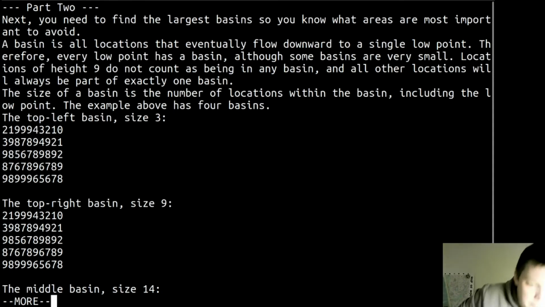Okay, the top right basin of size 9 is all the points that flow to the 0. So we've got 4, 3, 2, 1, 0. Okay, yeah. The 4 on the second line flows upwards to the 3 and then down to 0. So that's 6 points we've got already. And then there's 2, 1 at the end of the second line and 2 at the end of the third line. So that's our top right basin.